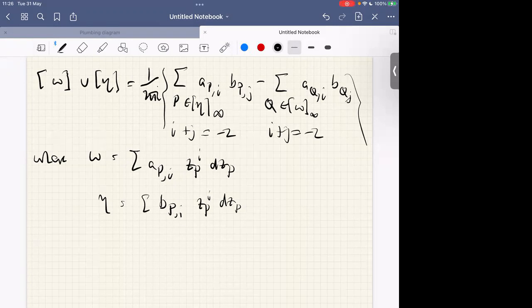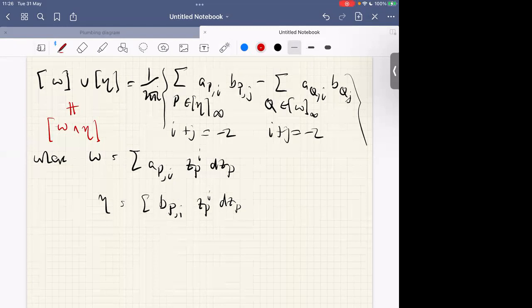It's the generalized form of the Riemann bilinear relations, generalized to allow the forms to have poles, assuming, of course, that they have zero residues. Notice, just as a piece of algebra, that this is not equal to what you get by wedging these two forms together, because of course the wedge product is 0.